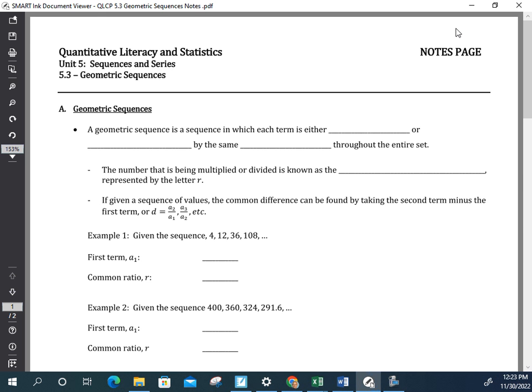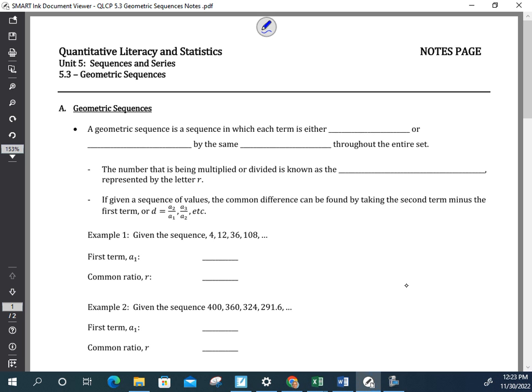So just to recap, arithmetic sequences focus on adding and subtracting. If you're given an arithmetic sequence, the first number is your first term.